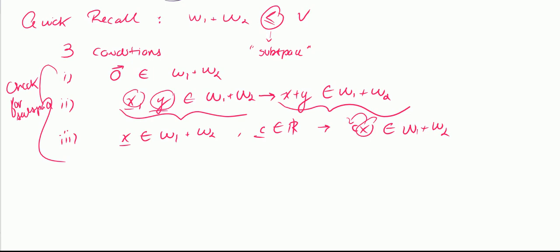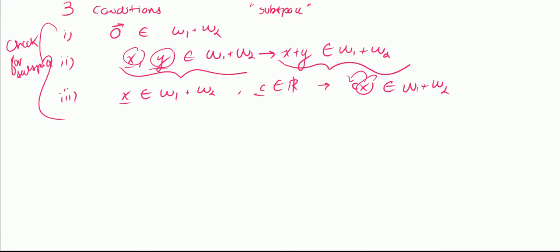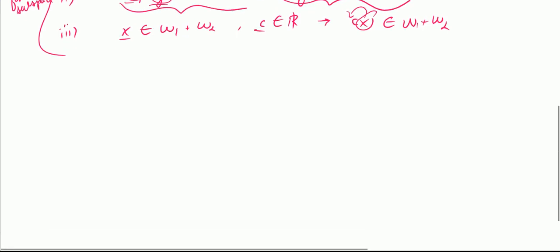So let's start by proving one. I want to show that the zero vector belongs to W1 plus W2. This is the first part of my proof, and my goal here is to show that the zero vector belongs to W1 plus W2.